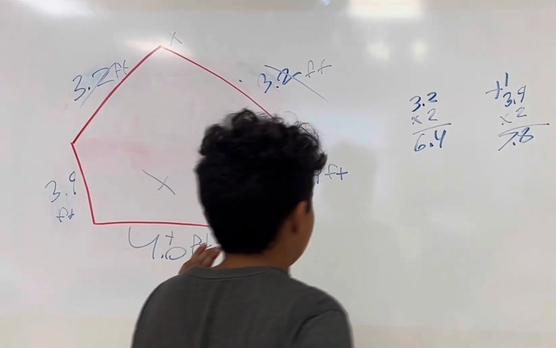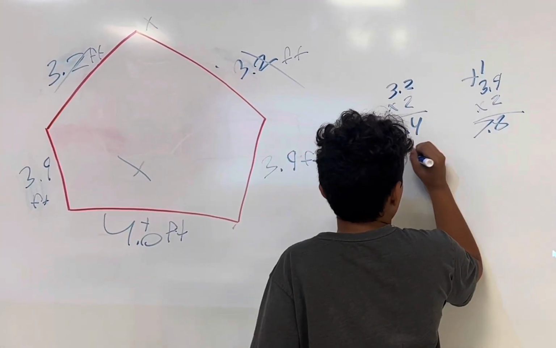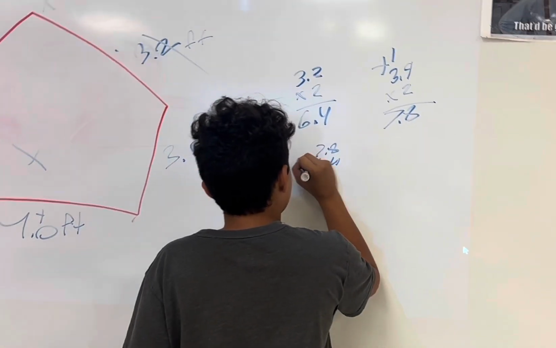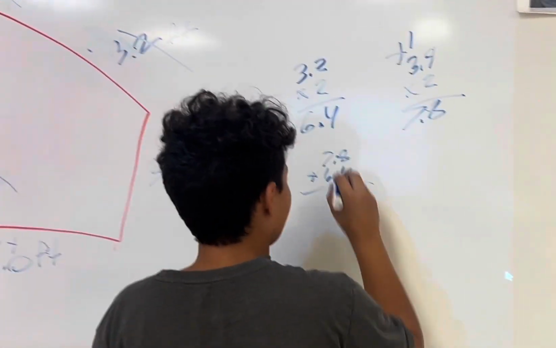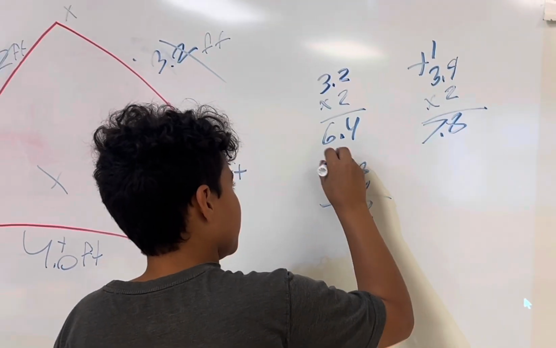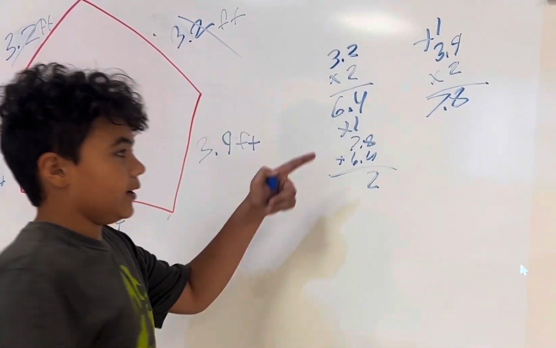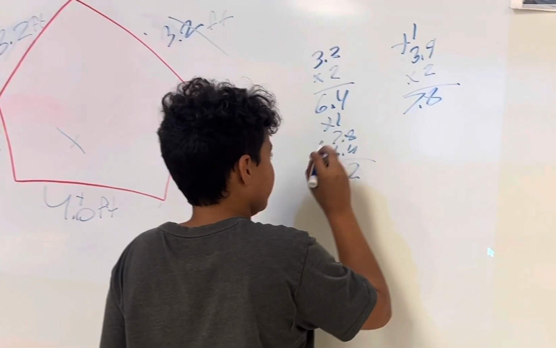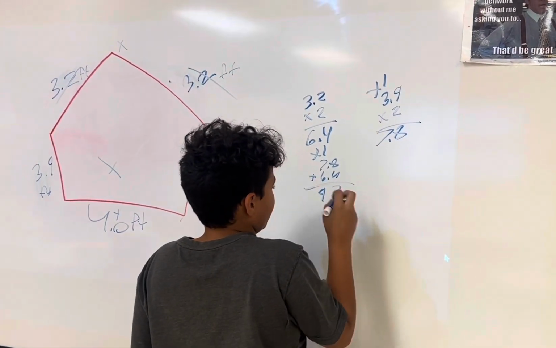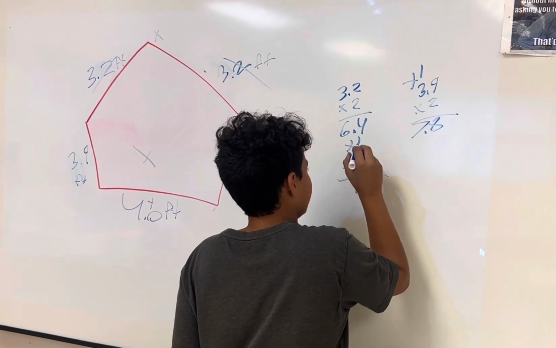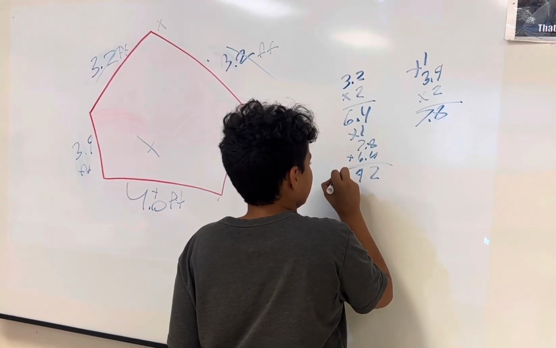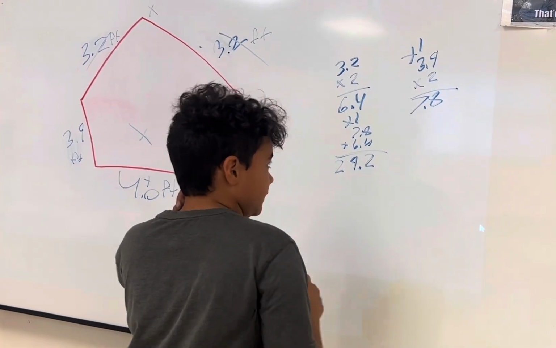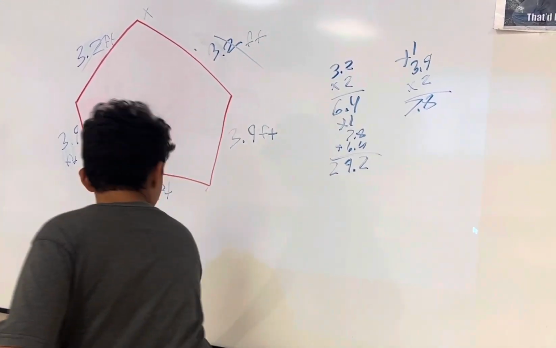Then I would add these up, so that would equal 12 plus 1, and that would equal 28 plus 1, which is 29. I would just put that there. So then wait, I did that wrong.